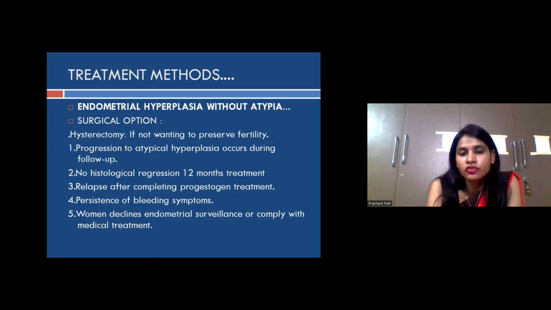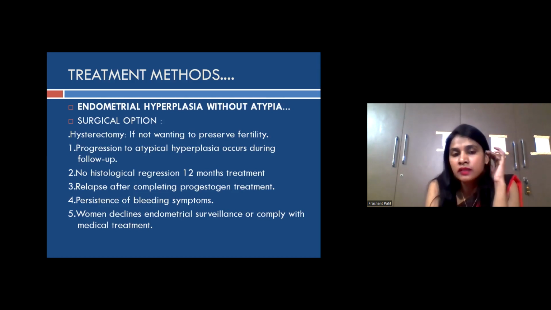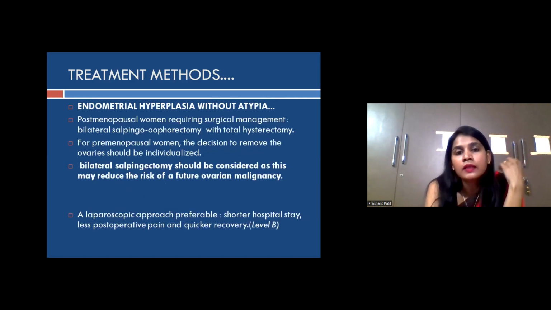Or the persistence of bleeding symptoms even on hormonal treatment, these are again the patients who need hysterectomy. And of course, if the woman declines endometrial surveillance or she is not compliant with our medical treatment, these patients we need to again give the option of surgery.